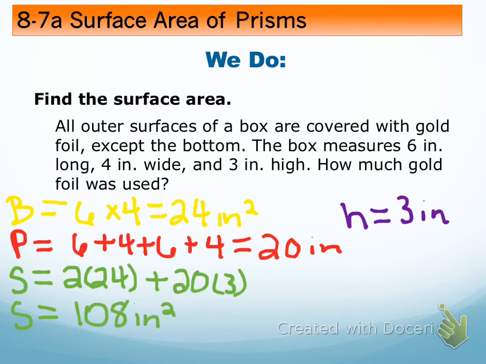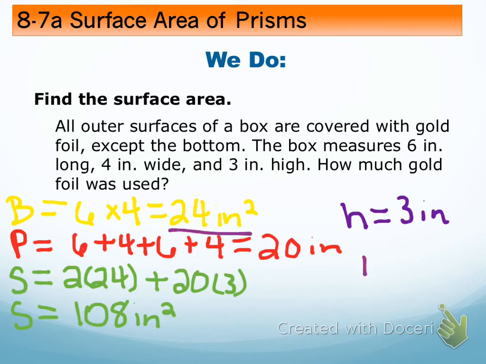But we've got to think about this. It said that everything is covered except the bottom. So we're not going to cover the bottom of this prism. Well, how big is that bottom? Well, it's going to be the area of a base. So we already know that the area of one base is 24 inches.